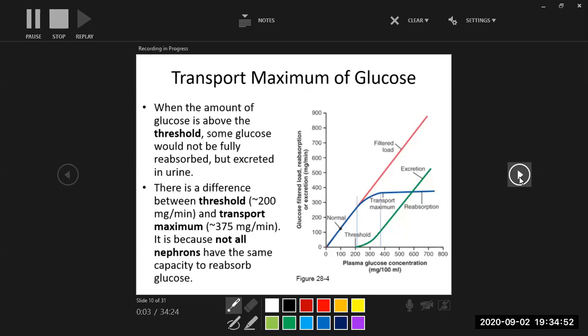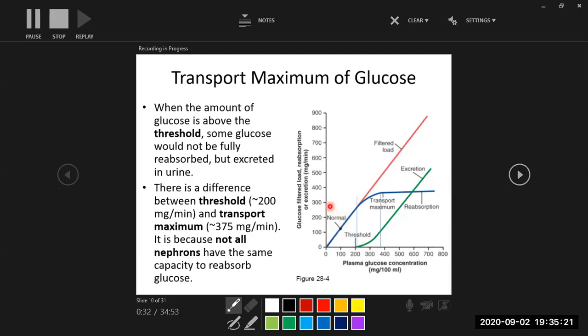And the reabsorption of glucose is threshold limited. For example, if our blood has about 100 milligram per minute, it will all get reabsorbed. This is the normal range.